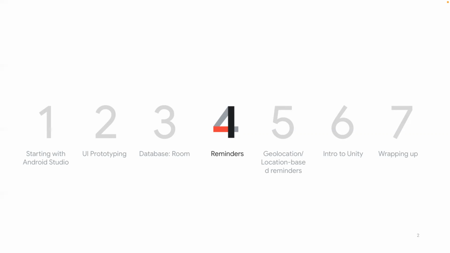Now, there are different kinds of notifications. There are time-sensitive notifications, for instance, notifications that alert you that your battery is about to die. Those are system notifications. There are notifications that you show when you are running a background task.